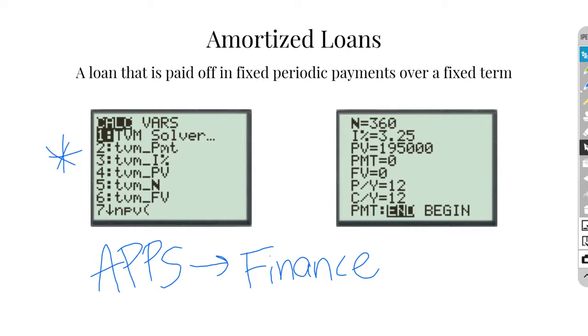After you fill in that information, you are going to go back to this TVM Solver screen and choose one of these options here. You choose these options based on which value you are looking for. So most often you're going to be using number 2, which is the payment one. Where we're looking for how much we're paying each month. So before we can use this, we need to know what all of these variables mean. So let's go over those.